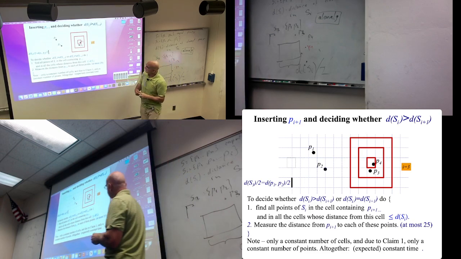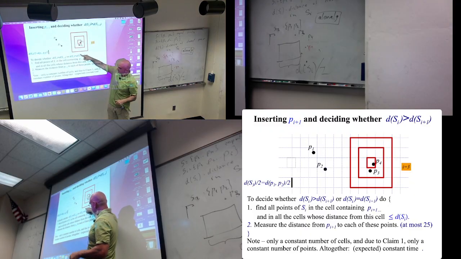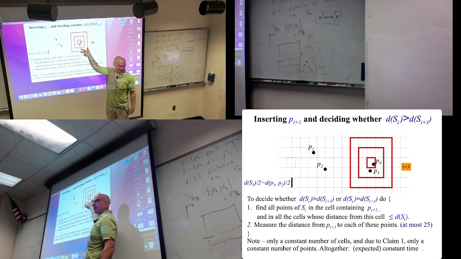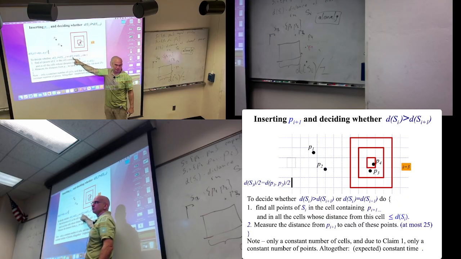And if the distance stays the same, I'll be very happy, because then all I need to do in terms of data structure is insert P4 into my hash table and do absolutely nothing. That is, if by adding the point d over si plus 1 is the same as d over si, then it's just the insert into the hash table.